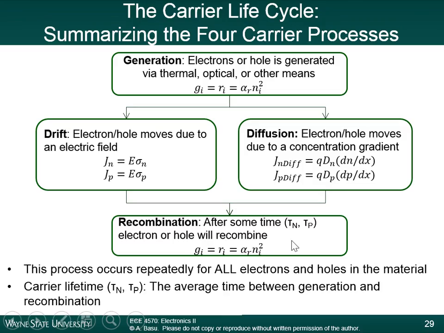Drift, we talked about equations for drift currents for electrons and holes. Now we also have equations for diffusion currents for electrons and holes. And then recombination, the same relations that apply for generation, we can also apply to recombination as well. We also have that time-dependent equation that we just talked about earlier, describing the carrier concentrations versus time.